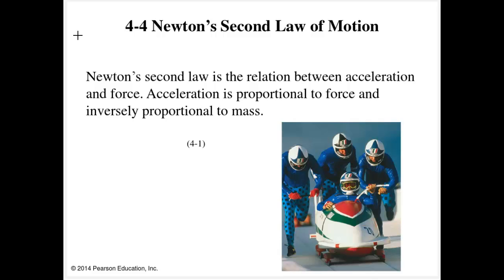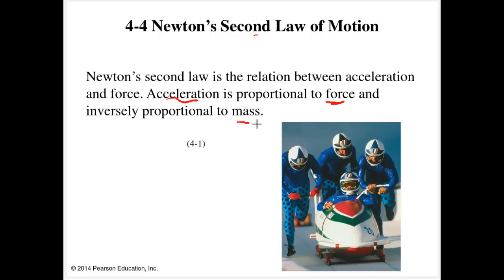Newton's second law of motion is actually an extension of his first law. The first law said that an object's going to remain in motion or stay at rest until an outside force acts on it. And his second law creates a relationship between the net force that we were talking about on the first law, and how much an object accelerates.